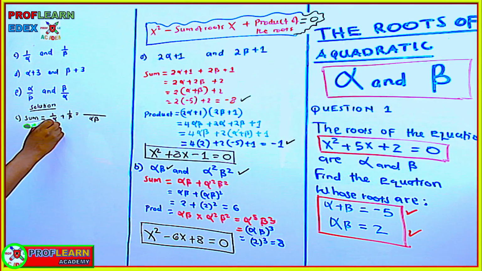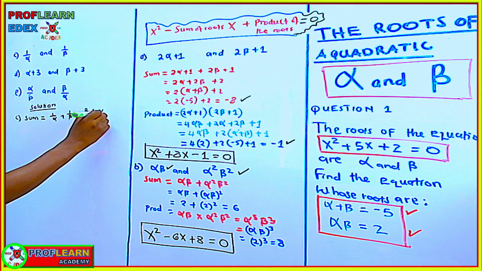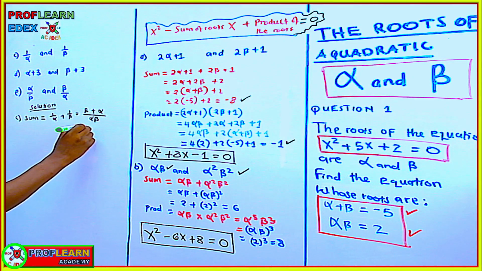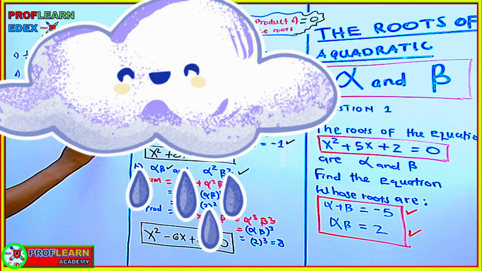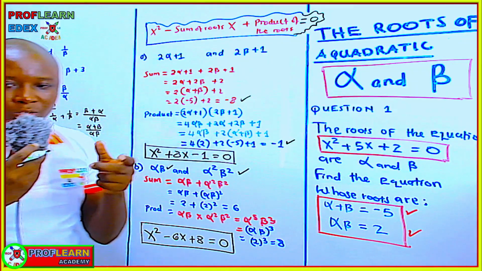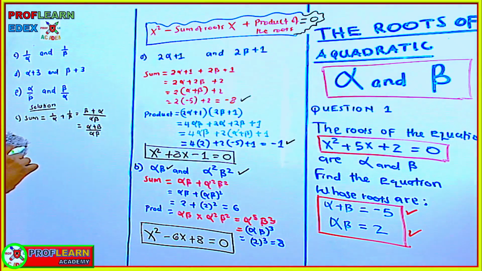How many times does alpha go into alpha beta? It goes beta times, plus how many times does beta go into alpha beta? It goes alpha times. This now reduces to alpha plus beta over alpha beta. So the sum of these new roots is basically alpha plus beta over alpha beta.